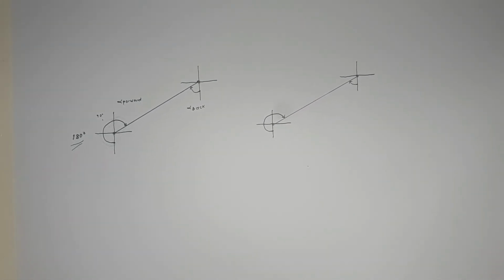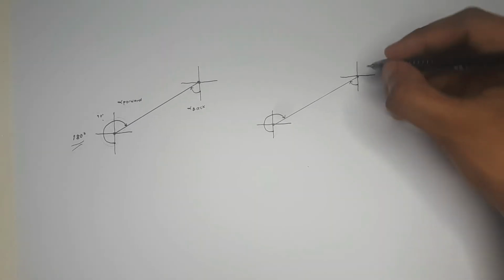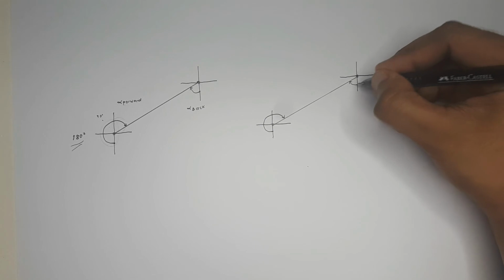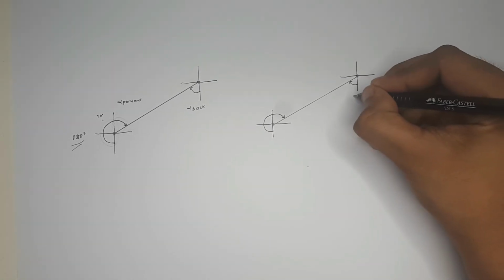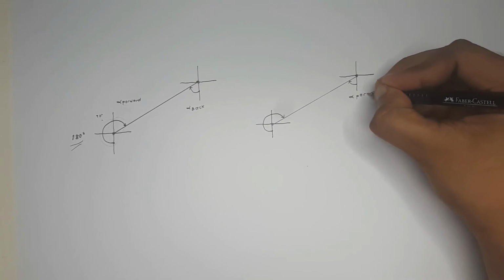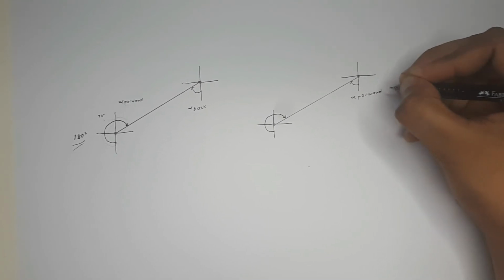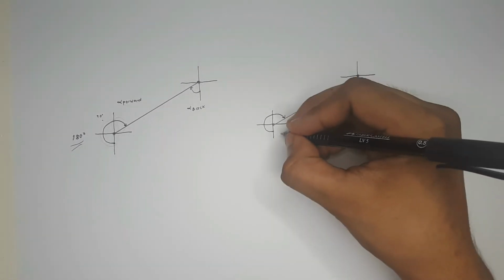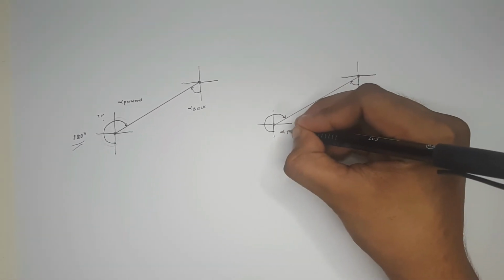Since this is now our initial point, this azimuth here will be our forward azimuth, and this one here is our terminal, so of course this will be our back azimuth.